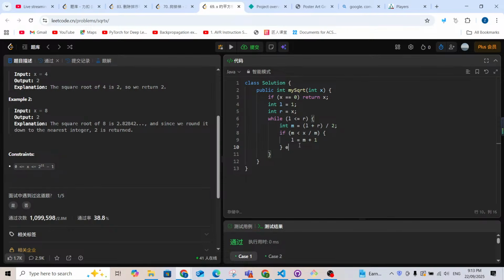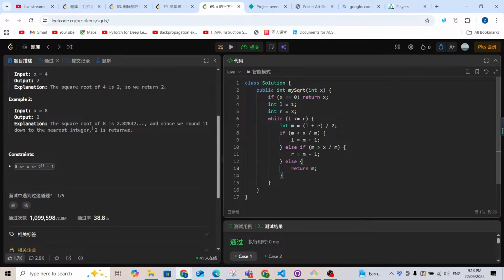This is the first case. Else if m is more than x divided by m, this means the number is too big, so we need to decrease it, and it's going to be m minus 1. So here m plus 1, here m minus 1. Else it means it's equal, so we return m immediately.